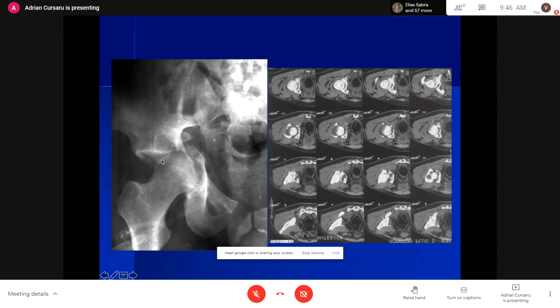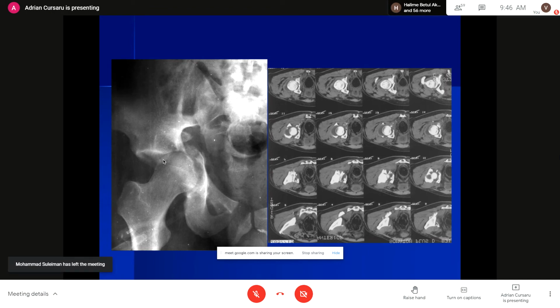What kind of complication do you think could appear in that type of fracture? Hemorrhage. Could be. Hip arthritis. Hip arthritis is the most common, but in time. Okay, very good.